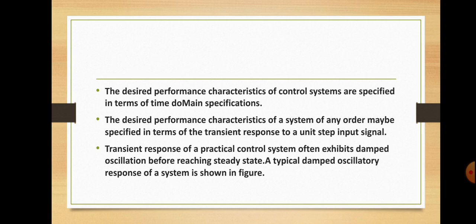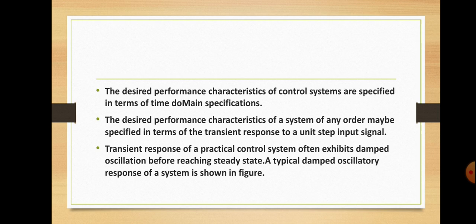So the desired performance characteristics of control systems are specified in terms of time domain specifications, and the desired performance characteristics of a system of any order may be specified in terms of the transient response to a unit step input signal. And the transient response of a practical control system often exhibits damped oscillations before reaching steady state.